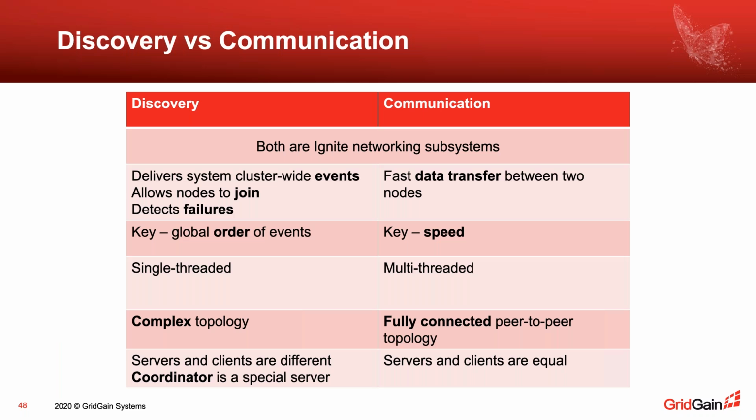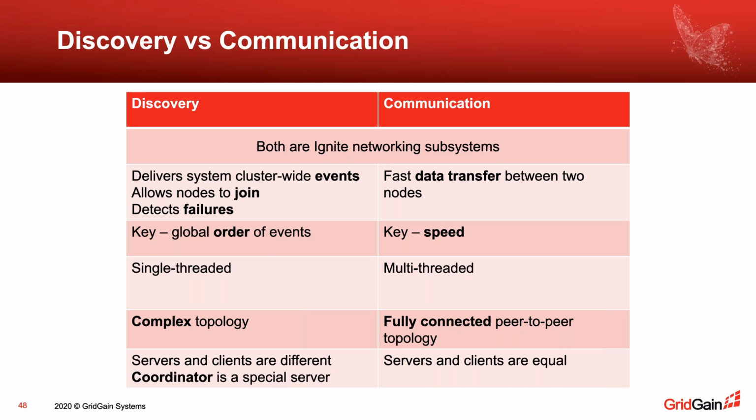So to again compare our two networking subsystems, discovery and communication. Discovery is used for delivering cluster-wide events, which is later on used to allow the cluster to join together and to detect node failures in the cluster.